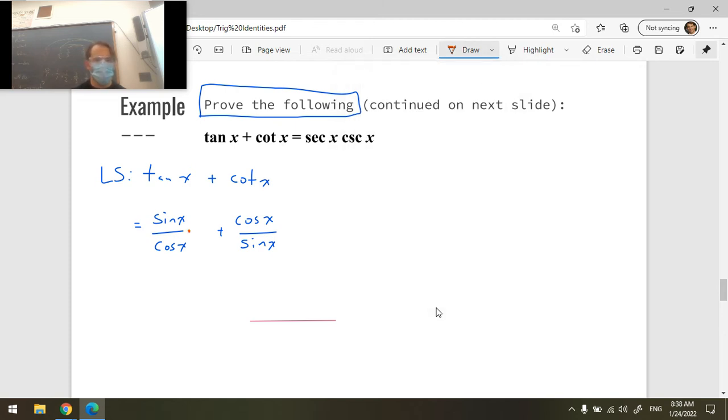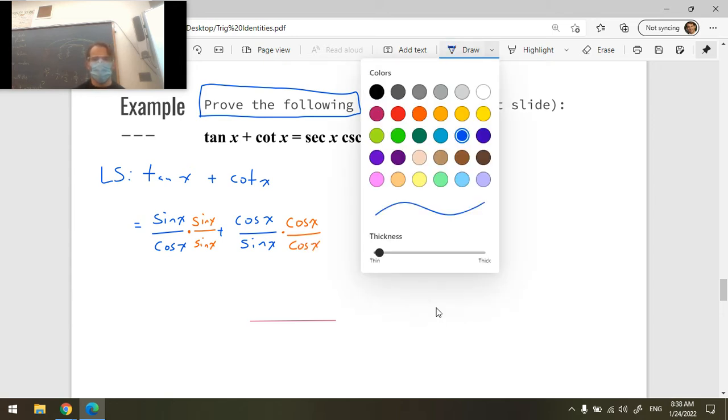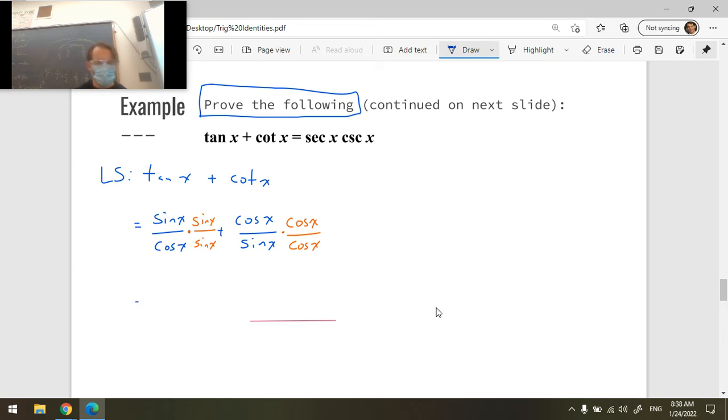I'm going to multiply this one by sine x over sine x, and this one top and bottom by cosine x over cosine x. Now we get that common denominator we need to add them together. Here I would get sine x times sine x, that's another way of saying sine squared x, all divided by sine x cos x.